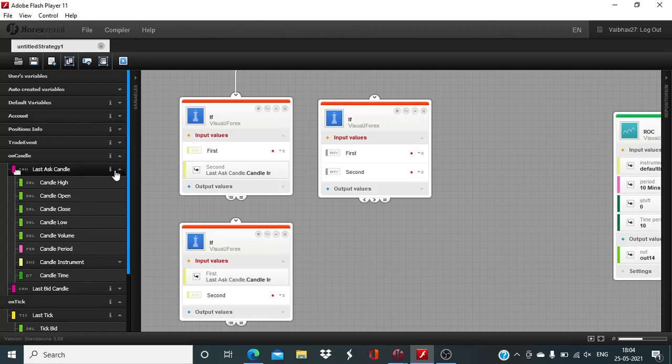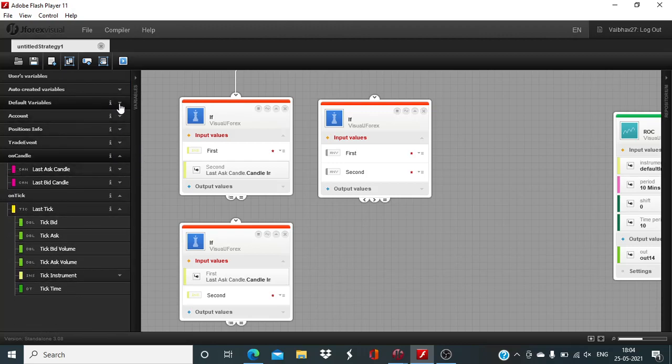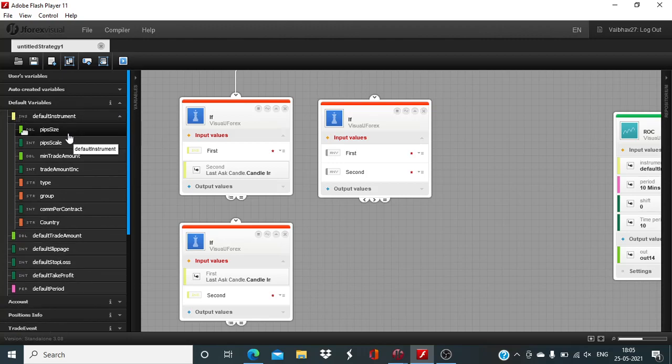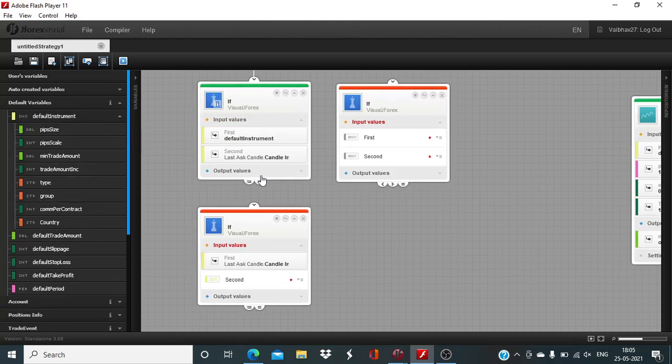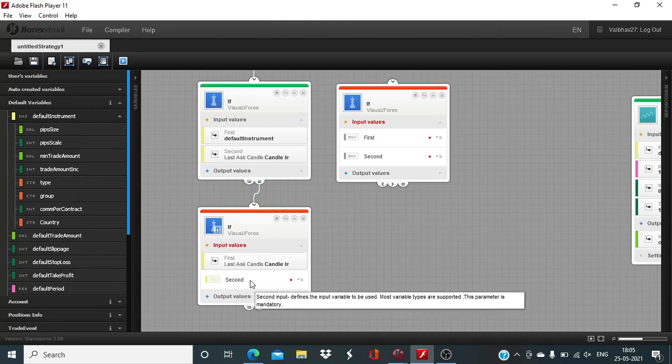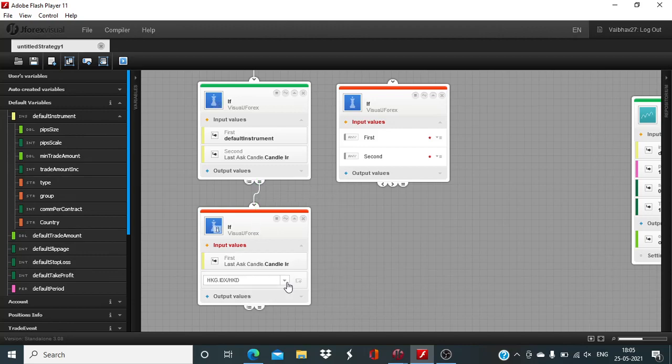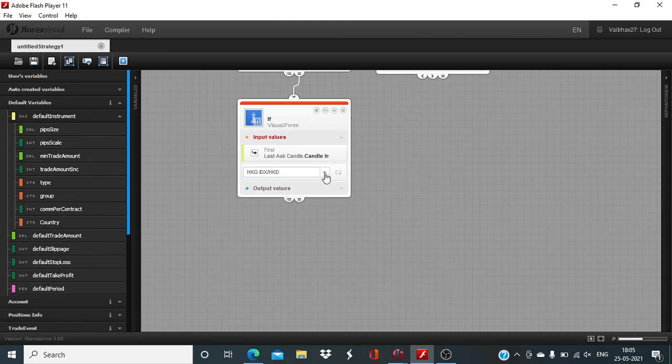The last ask candle instrument will be compared to the default instrument, and it should match. And here we will define the instrument, and this time around we are working with the USD JPY. So we have to search for USD JPY in this listing. Here it is.